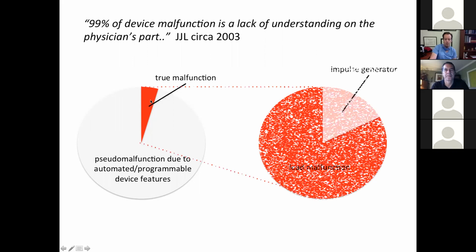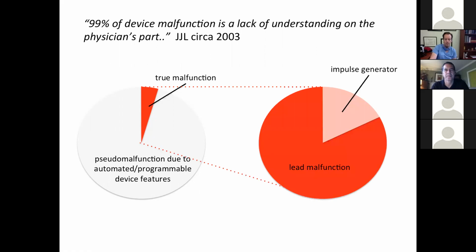And if you blow up true device malfunction, I think, and this is just my interpretation and not database, a small minority will really be related to the impulse generator and the microprocessors. Most have to do with lead malfunction.